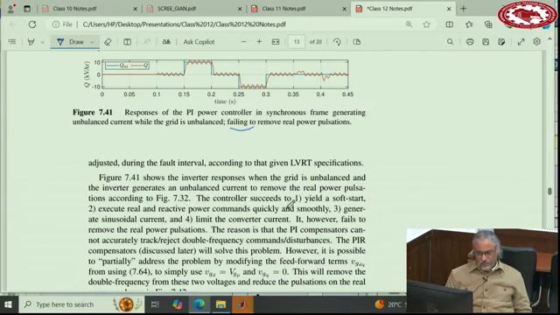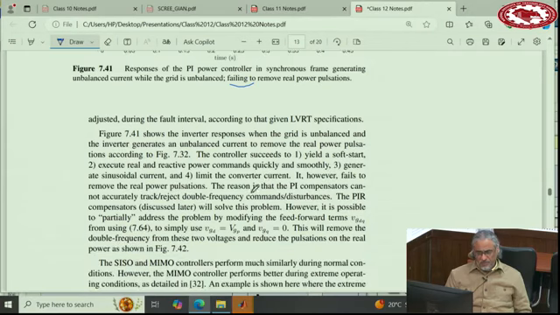The controller succeeds to yield a soft start, execute real and reactive power commands, generate sinusoidal current, and limit the converter current, however, fails to remove the pulsations. The reason is that the PI compensators cannot accurately track or reject double frequency.